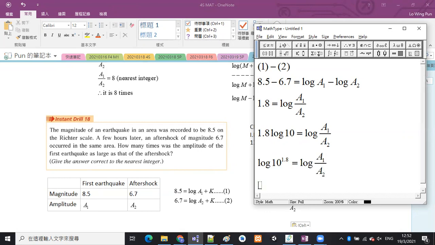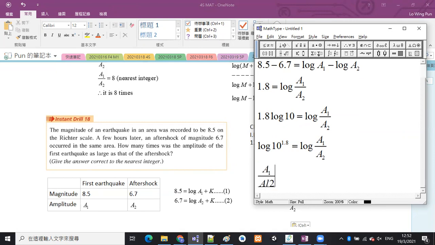Okay, and at this step, we have log on both sides. Therefore, we can delete the log. So A1 over A2 is equal to 10 to the power 1.8.